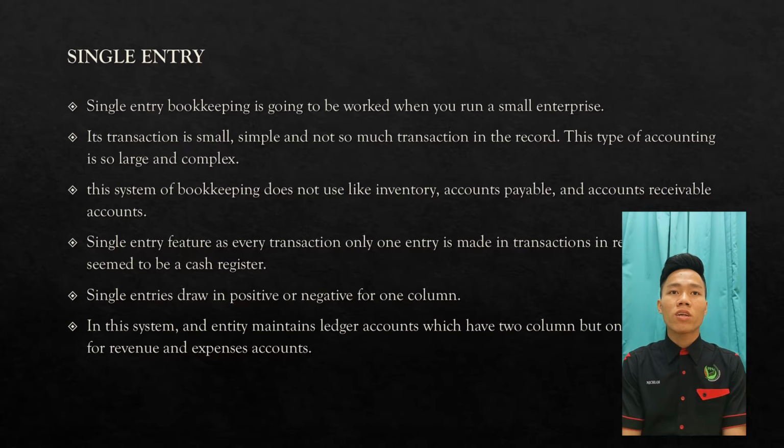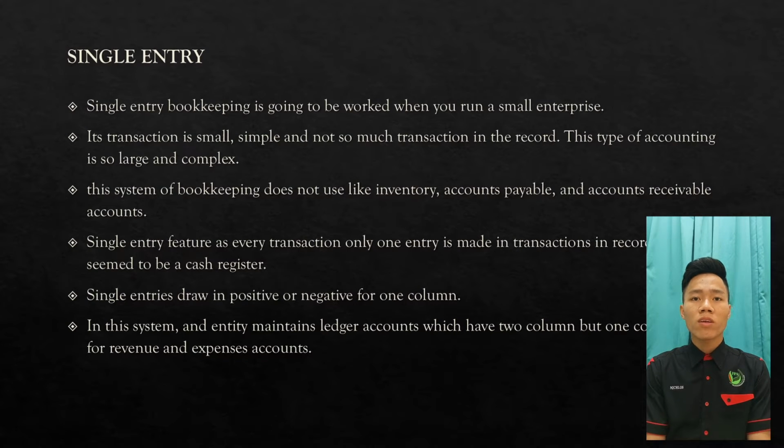Its transactions are small, simple, and not so many in the record. This type of accounting is not suitable for large and complex businesses. The system of bookkeeping does not use inventory, accounts payable, and accounts receivable accounts. In single entry, only one entry is made for each transaction in the record books.